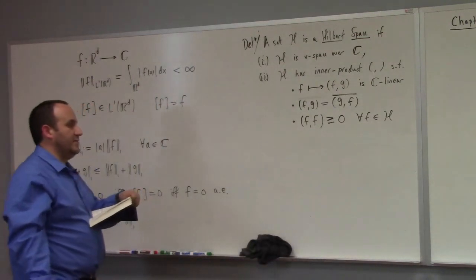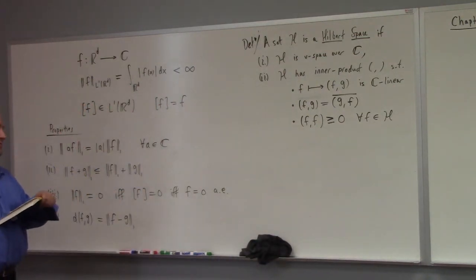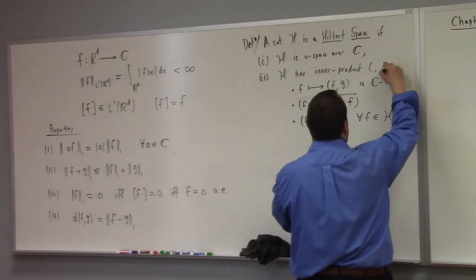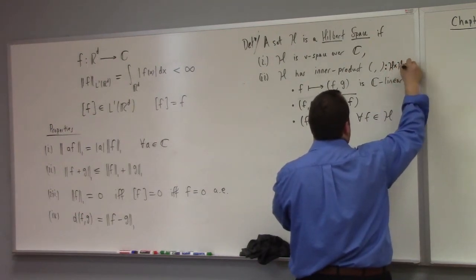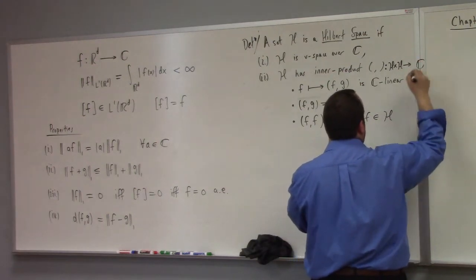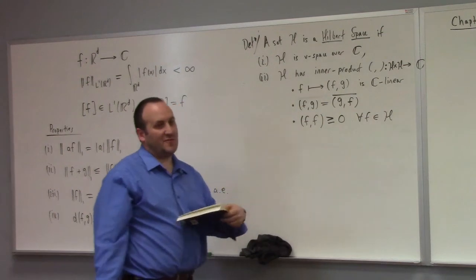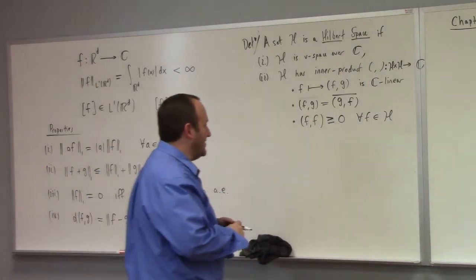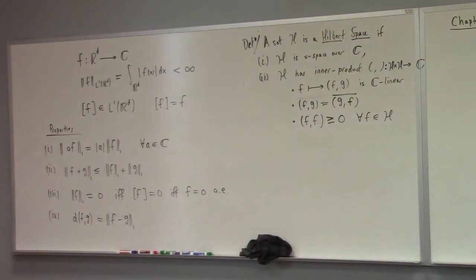Now, be careful with this. That last bullet point is a little bit disconcerting because, if I talked about this inner product more properly, I would tell you it's a function from H cross H into the complex numbers. And so when I tell you that the inner product takes pairs of vectors in your Hilbert space to the complex numbers, and then I write an inequality for this complex number, it's a bit disconcerting, isn't it?